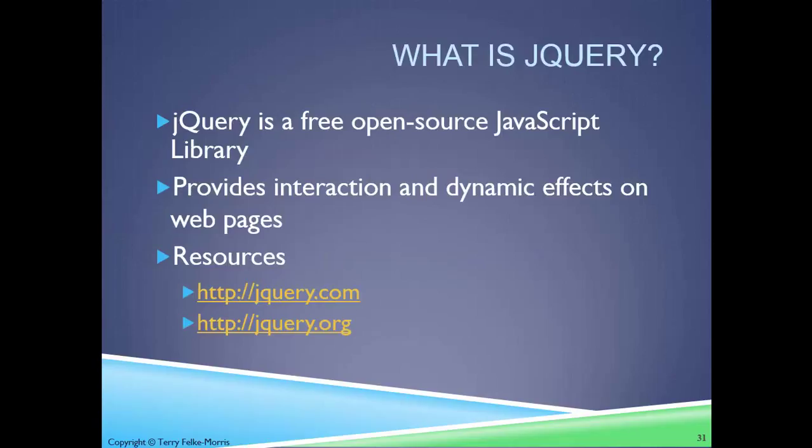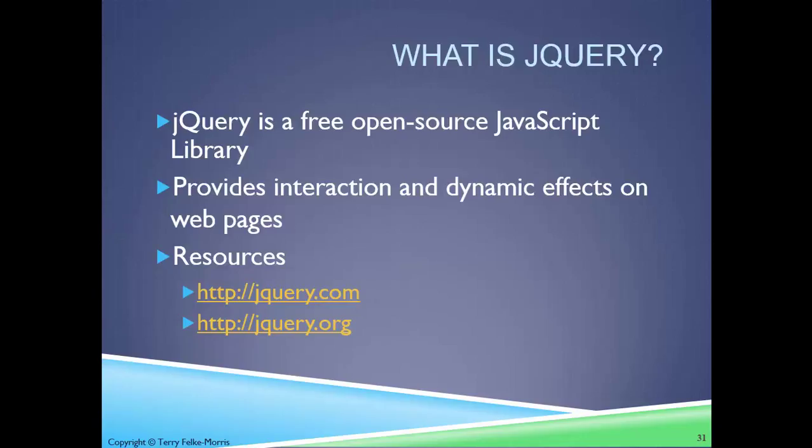All right, jQuery is an example of a JavaScript library. Just like you've got a library in your hometown where you can check out books and read them, well here, a JavaScript library is a collection of code that you can use by just adding it to your web page.